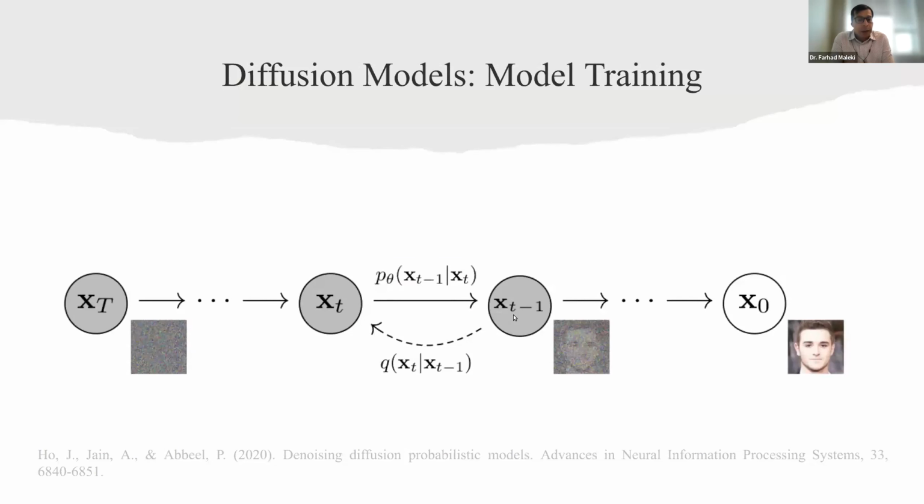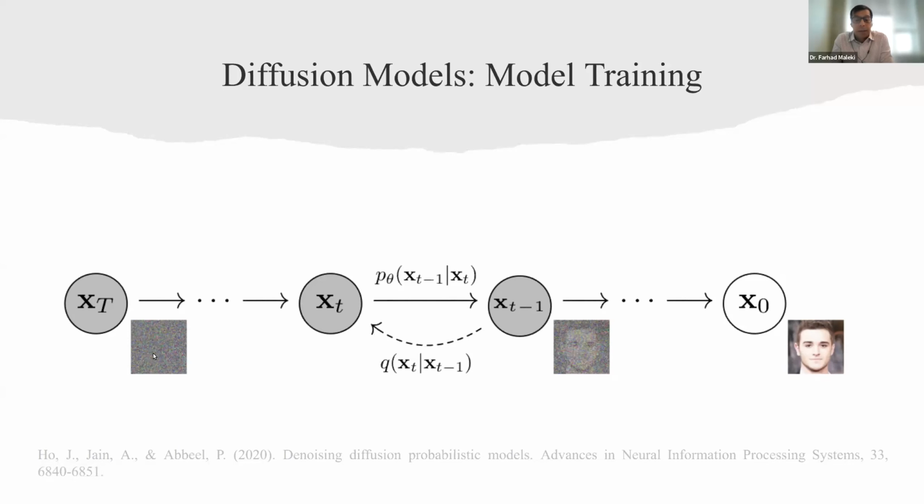So we have two phases. The forward diffusion: through the forward diffusion, we add noise gradually. We start from the image and gradually add noise, and at some point we have pure noise. The forward phase is something that we do computationally.